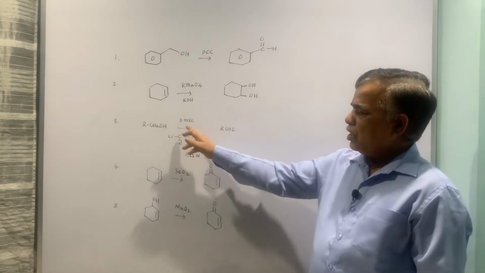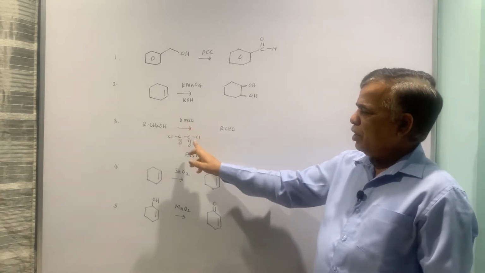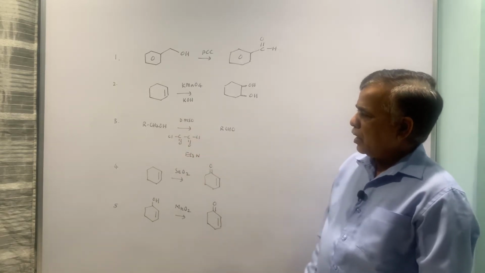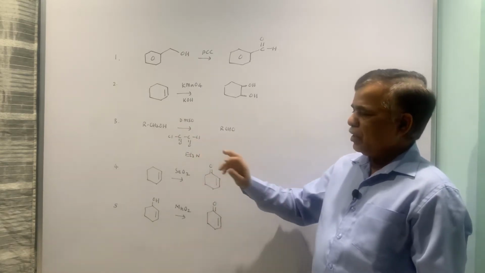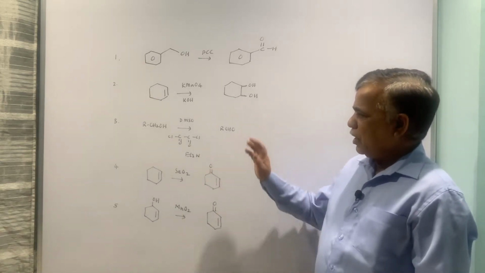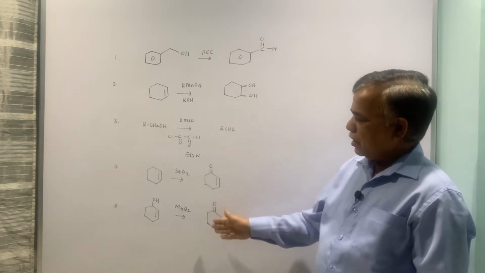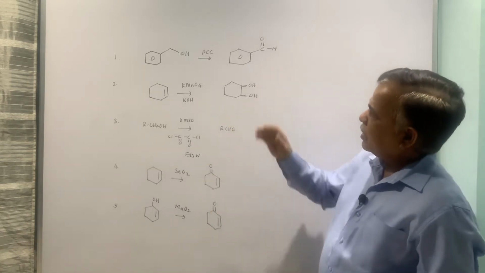Now this is one oxidation wherein the alcohol with DMSO and oxalyl chloride in presence of a tertiary base, you get aldehyde. We will write down the mechanism once again for these things. So let us write down the first one.